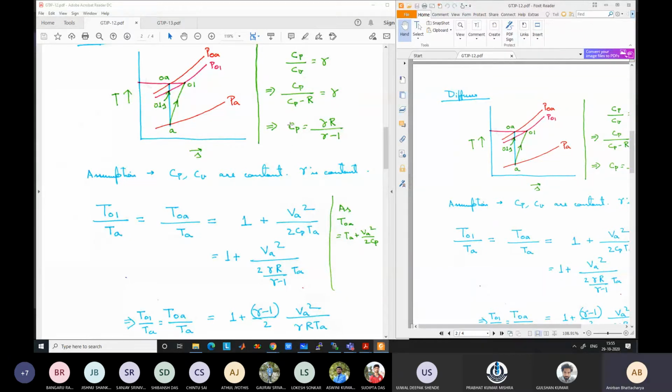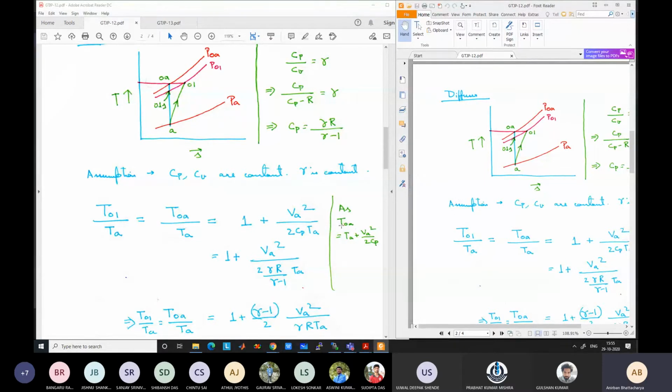Assuming Cp, Cv and gamma constant, T01 by Ta, I can write this as T0a by Ta because T01 is equal to T0a. So T0a by Ta: what was T0a?